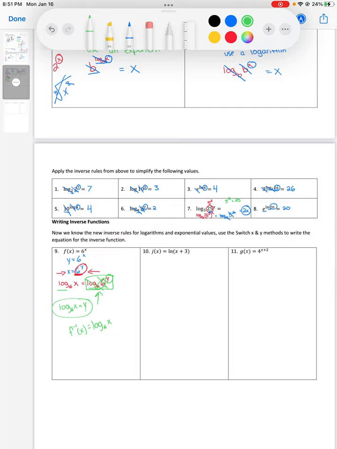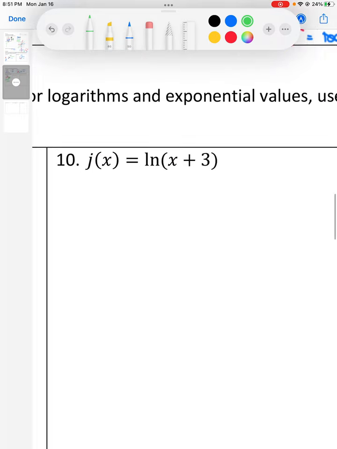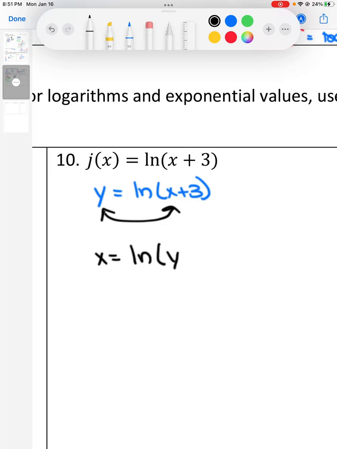Let's do another one together, and then I'll have you try the last one on your own. So this one, we need a y for us to switch x and y. Okay, inverses, we always switch x and y. So we have x equals ln y plus 3.